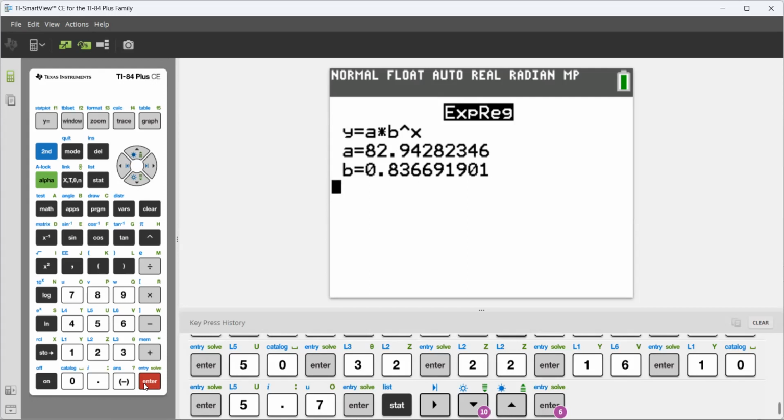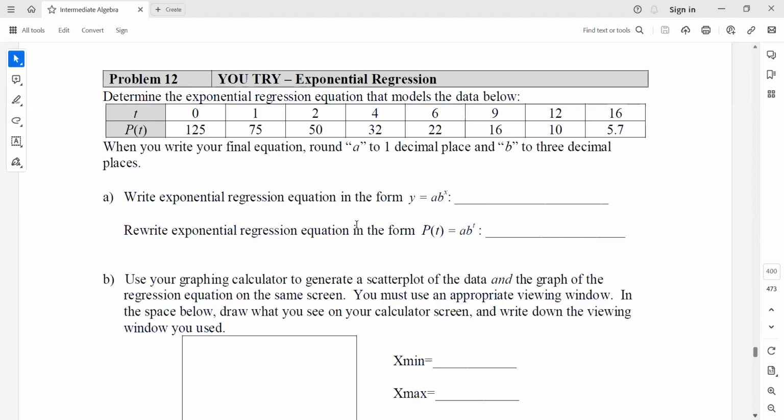And then round b to 3 decimal places. It says it on there. So we would go back and then put it in. So we're going to have 0.837. So y equals 82.9 times 0.837 to the x. Now here we're going to have P of t equals, again, same thing.